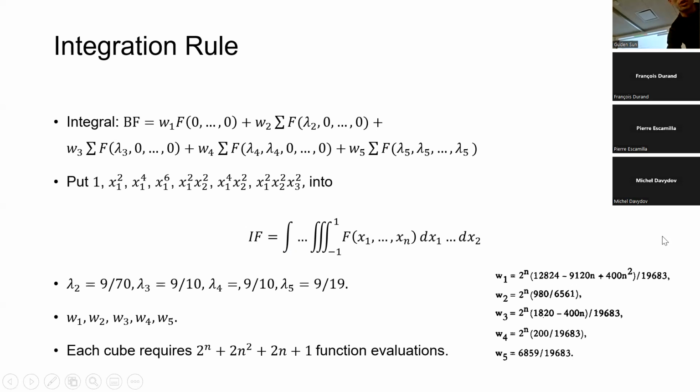So once you put this lambda 1, lambda 2, and so on into the higher order polynomial, you can actually compute the coefficient you need to do the interpolation. And this coefficient is invariant, and you can apply it to arbitrary numerical integration.